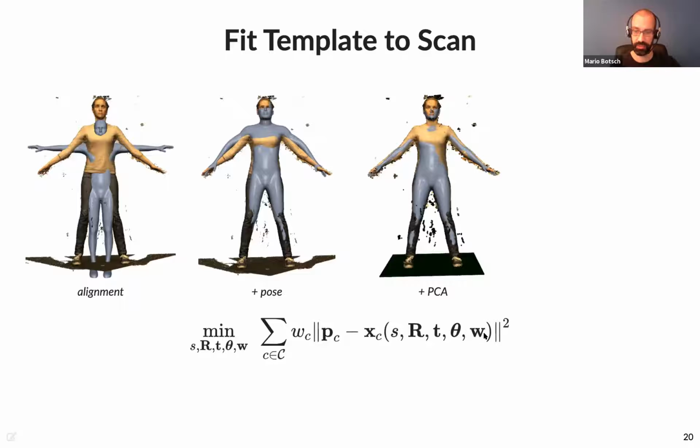So if we also use the PCA weights W, the 10 sliders that we had on the previous slide, to adjust the body shape, along with the pose and scale, rotation, and translation, we already get quite close. And this is where many people stop, and this result would be okay for a couple of applications, but for our avatar generation, it's not accurate enough.